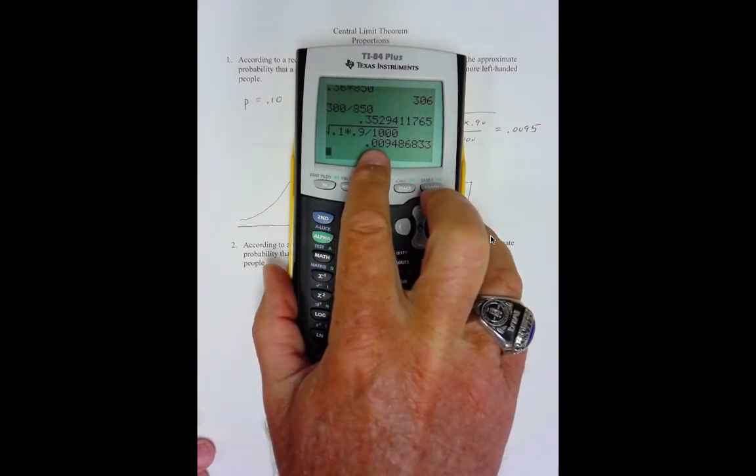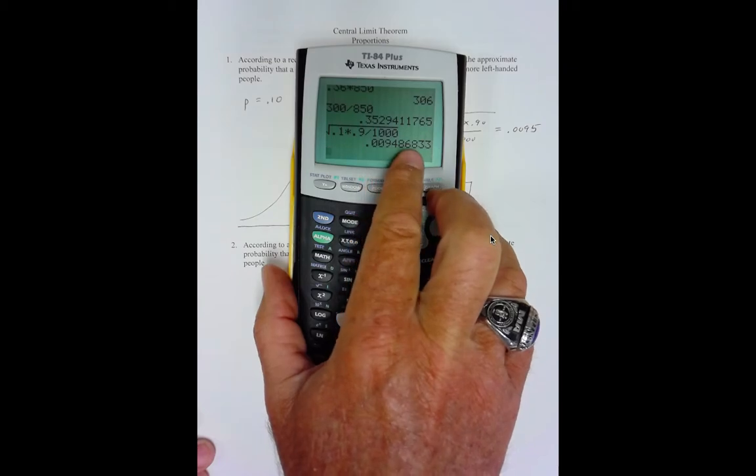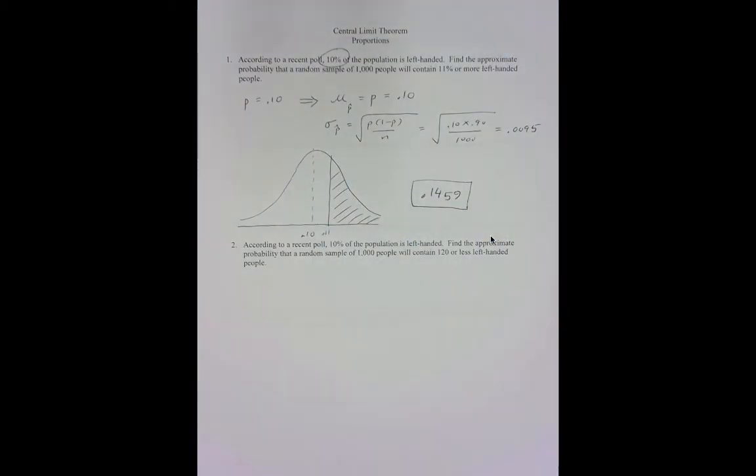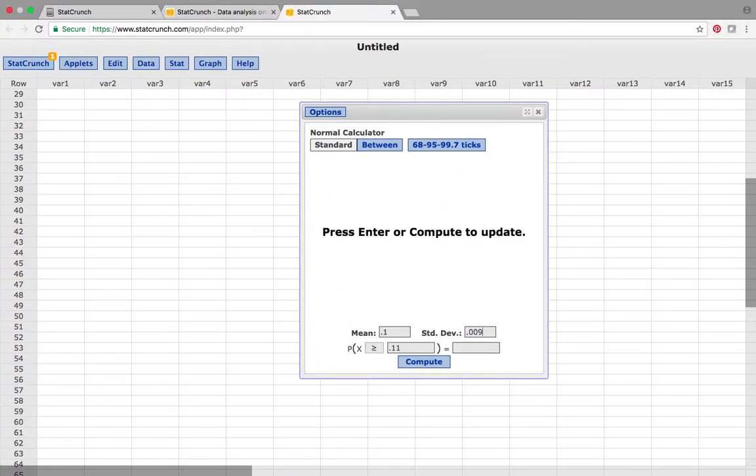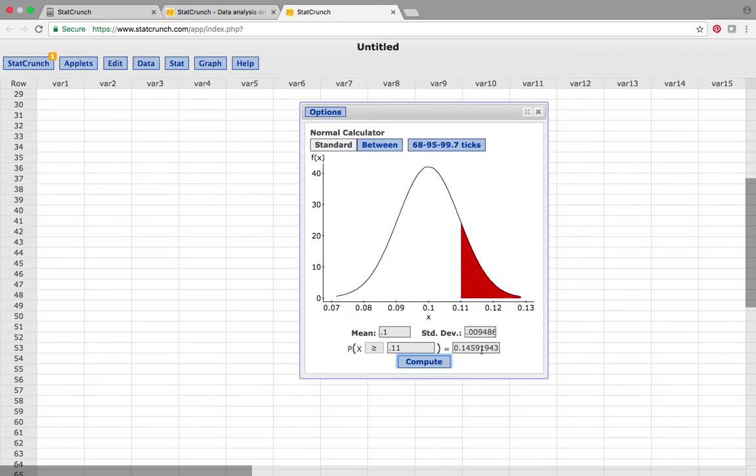So if I go out, 0.009487, what did I say? 9487, is that right? Yeah. Or even going further, 868. If I go out further, I'm going to get an answer that becomes closer and closer.